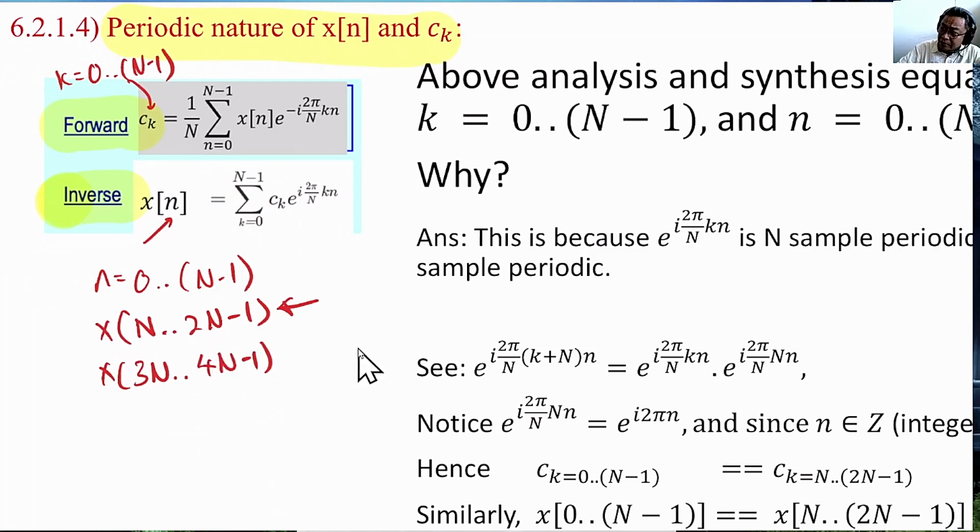Remember that we are in discrete time, therefore small n is an integer and k is also an integer. So in fact, this is the real reason why the exponential e^(j2πk/N · n) is N-sample periodic.